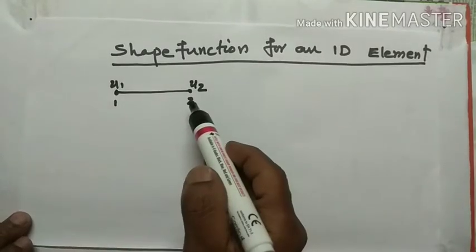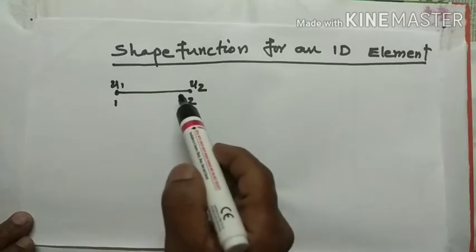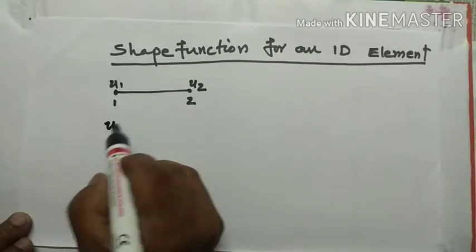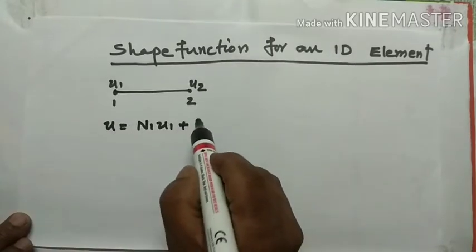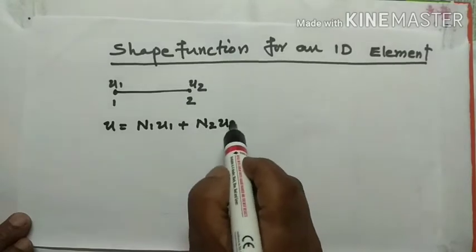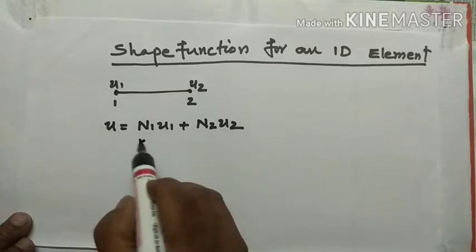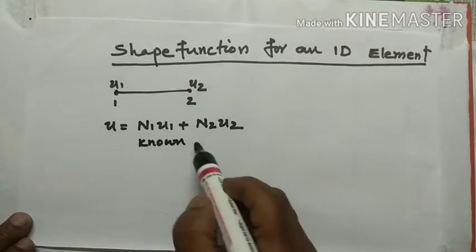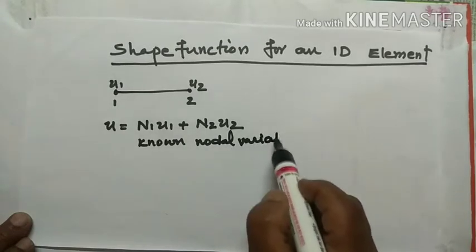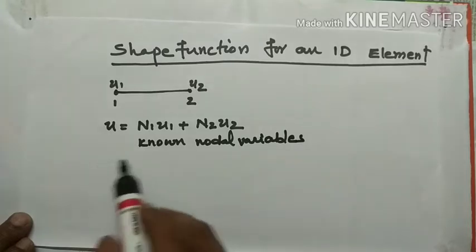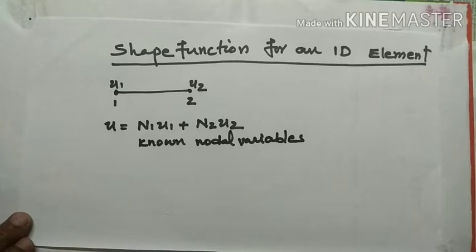Then using the shape functions, the displacement at any point can be represented as u is equal to n1 u1 plus n2 u2, where u1 u2 are non-nodal variables, and n1 n2 are shape functions.